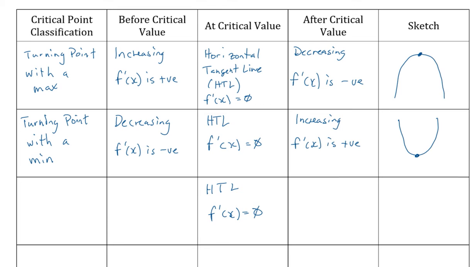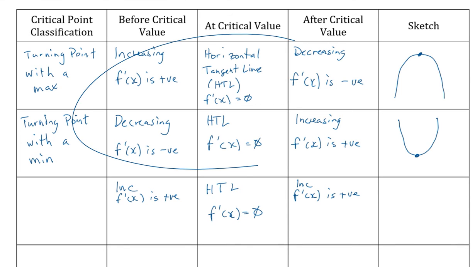Well, you could be increasing before, so the derivative is positive. And you could be increasing after. So again, the derivative is positive, right? In these two situations, we switched from increasing to decreasing, or decreasing to increasing.